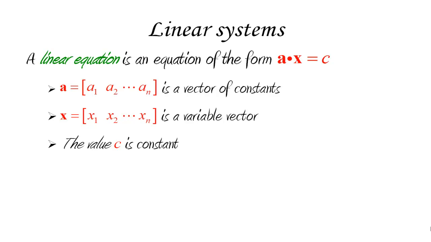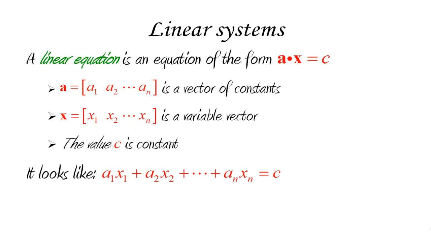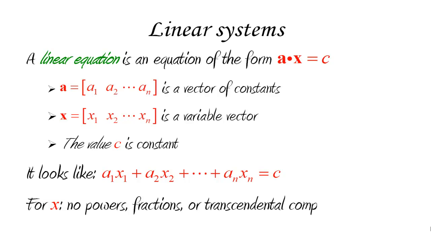Okay? So, if we compute the dot product on the left hand side, then this linear equation looks like this: a1x1 plus a2x2 plus dot dot dot plus anxn equals c. So it's a fairly simple equation in n variables. The good thing about it is that for x we're going to have no powers, no fractions.